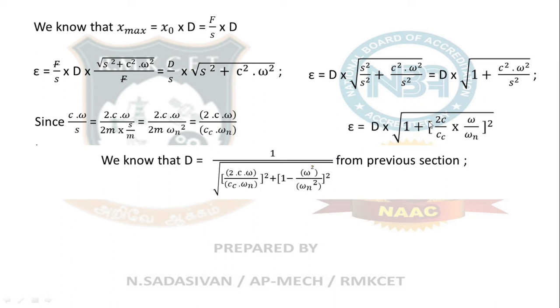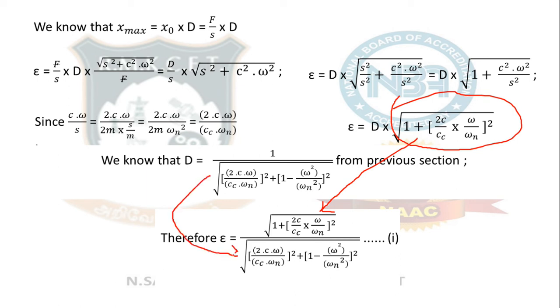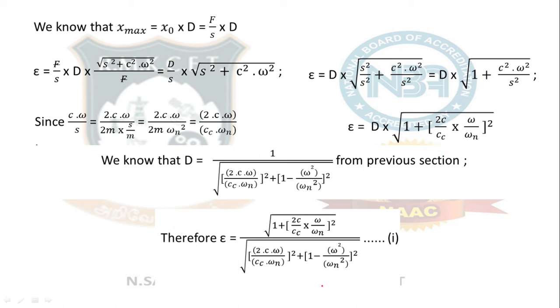I am substituting everything, therefore just the same numerator. This entire thing you write in the numerator, 1 plus 2c by Cc into omega by omega n the whole square, divided by this entire thing you write in the denominator, root of 2c omega by Cc omega n whole square plus 1 minus omega square by omega n square. So this is the expression for epsilon.